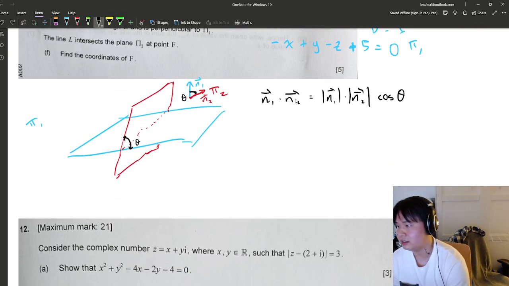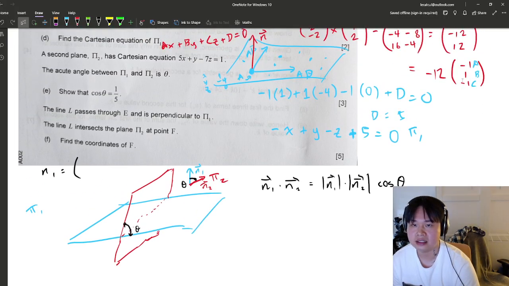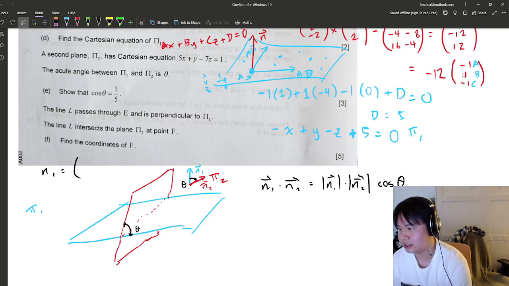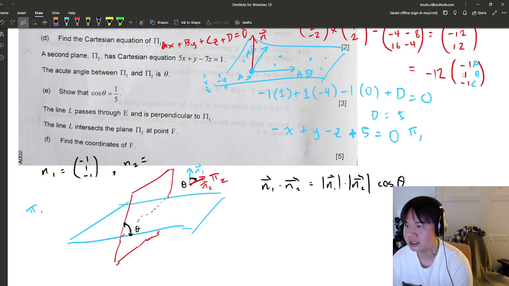I need to write all this down. n1 is -1, 1, -1. n2 is the ABC here, so 5, 1, -7.